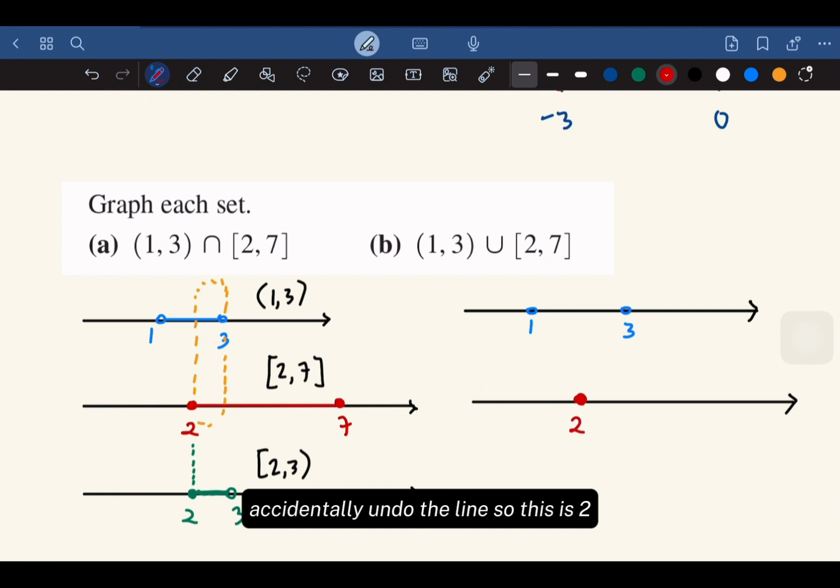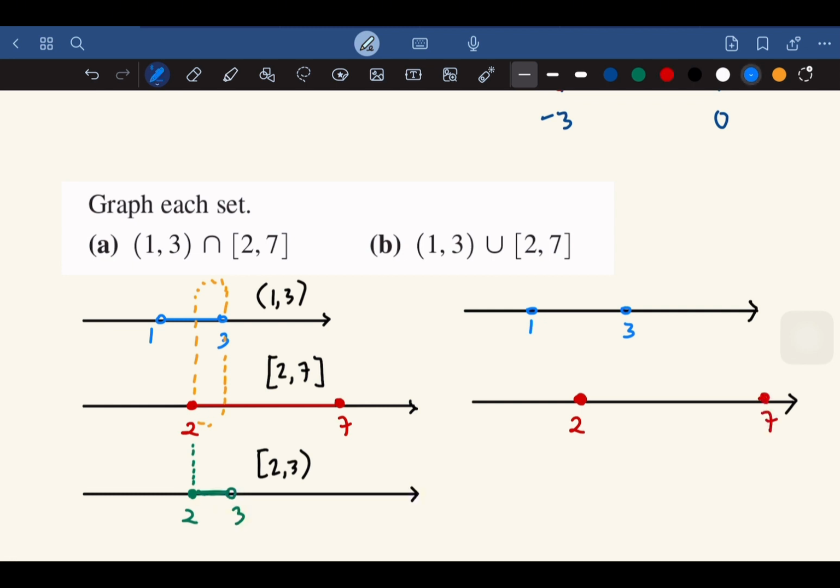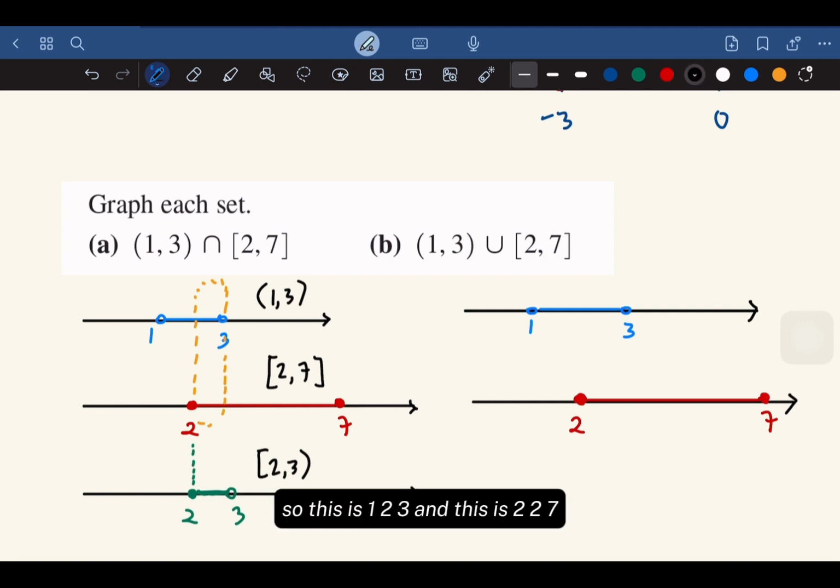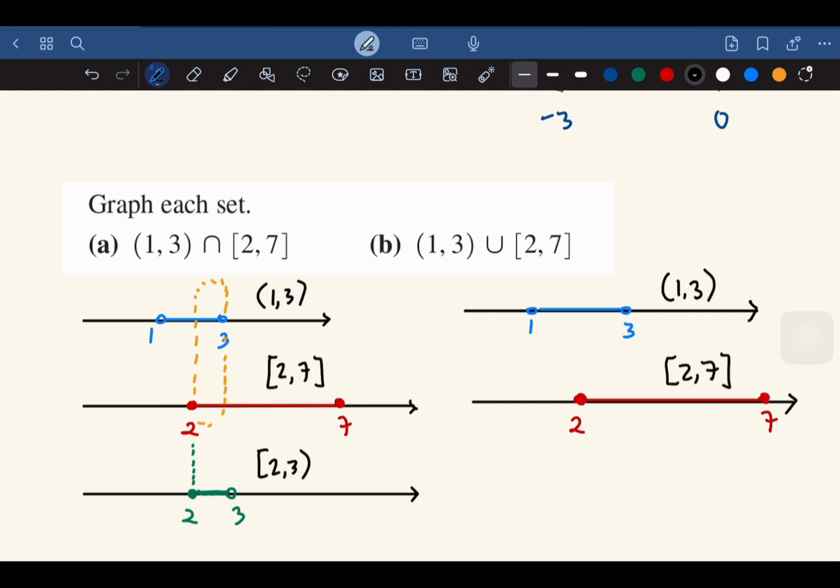So this is 2. So maybe this is 7 here. Perhaps that is 7. So this is 1, 2, 3, and this is 2, 2, 7.